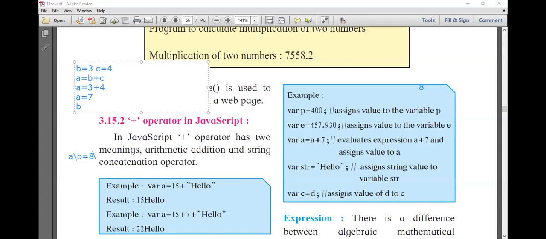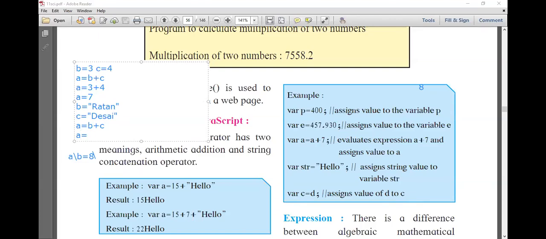Now here B is equal to Ratan and C is equal to Desai, and when I write A is equal to B plus C, then what answer will I get? I will get A is equal to Ratan Desai.